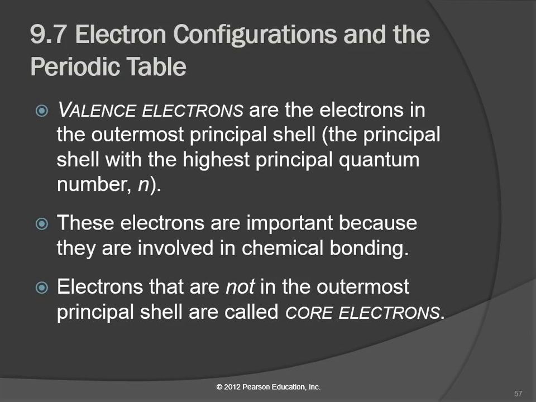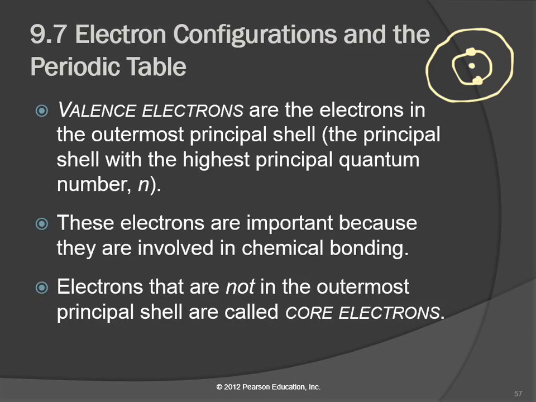So I think we need a picture. I'm going to draw a little picture here using the Bohr model, even though we recognize that it's not correct. How many electrons could be on the first floor of the hotel? 2. So I'm going to make those dots. So there's the first level.